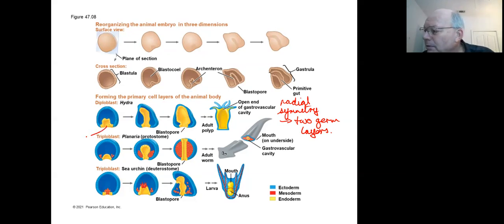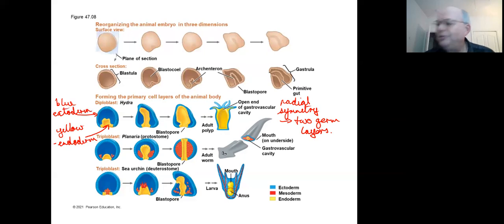The yellow is the endoderm, and the blue is ectoderm. And this is the agreed on common color coding that you'll find in freshman textbooks and in the models that are utilized for labs where this is talked about.